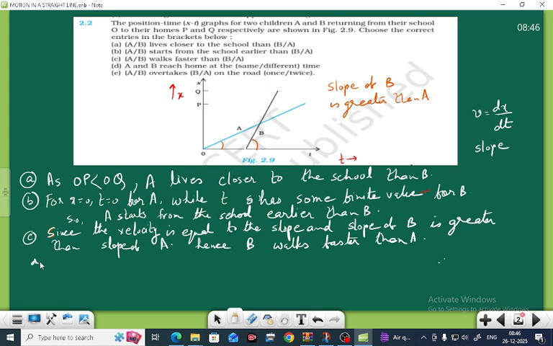Number D. D is: A or B reach home at the same or different time. Question number D. Actually, we have to find the time at which they reach home.